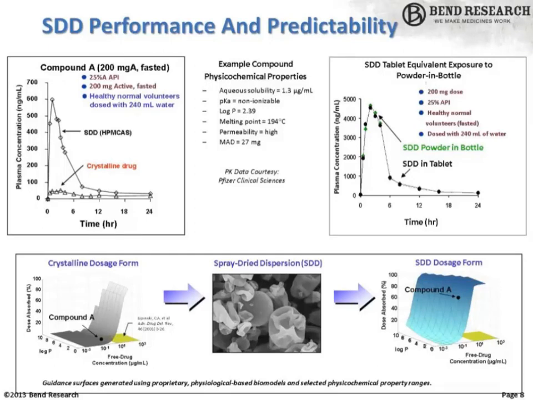One predicts that the compound will be well absorbed, 70 or 80% absorbed, as shown in the lower right-hand quadrant of the slide. In fact, that's already a result we've discussed, and the compound is well absorbed as an amorphous dispersion. So again, the summary of this slide is that the SDD does perform well, and the performance is readily predictable.